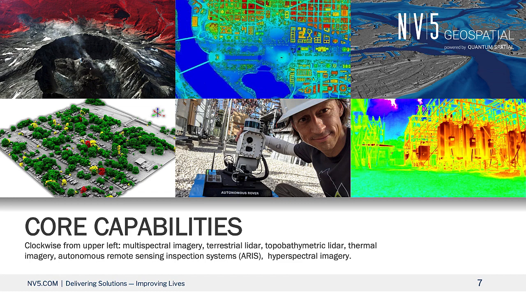So this gives a little bit of our core capabilities. Multispectral imagery. This is of an active volcano. We get LiDAR, which gives us the elevation. We have topobathymetric LiDAR, which allows us to look under the water. So we look not just at the areas above the ground, but also above the water line, and also areas in the water column. We collect thermal.